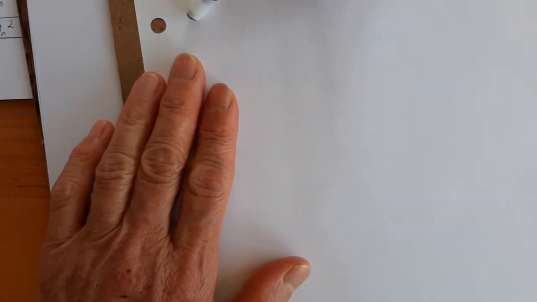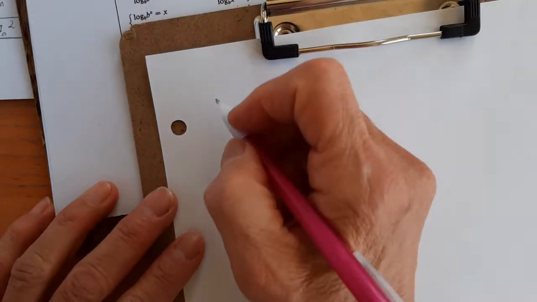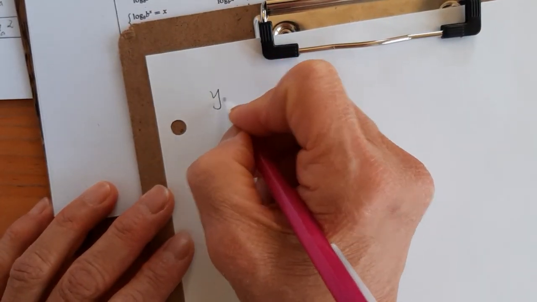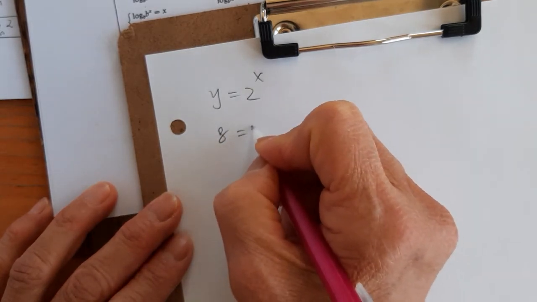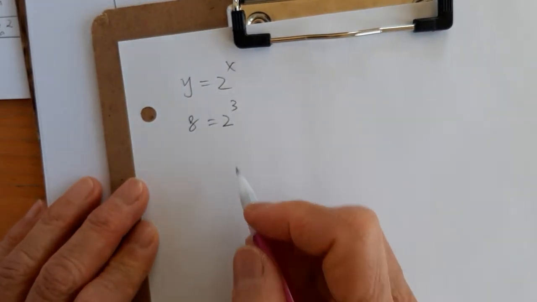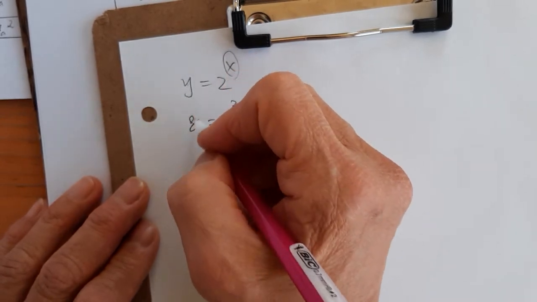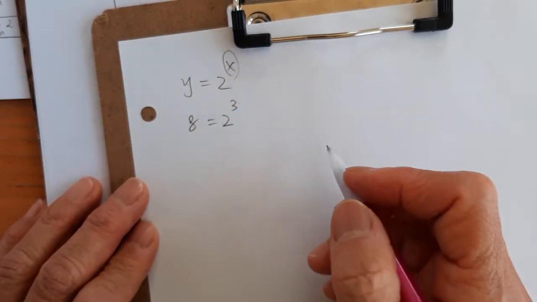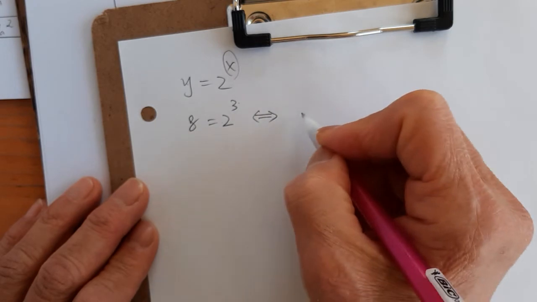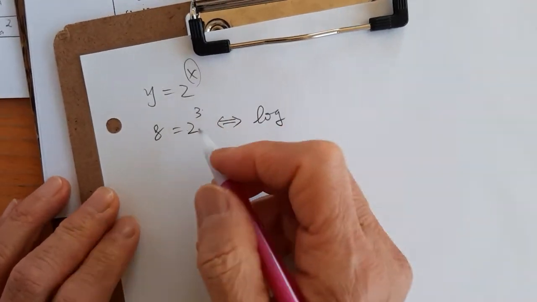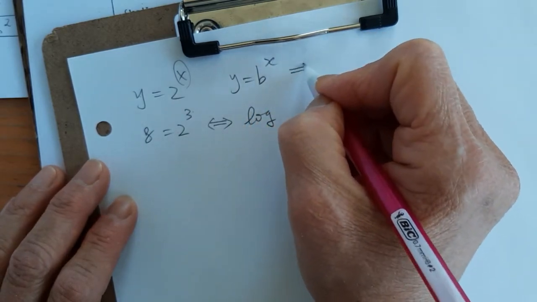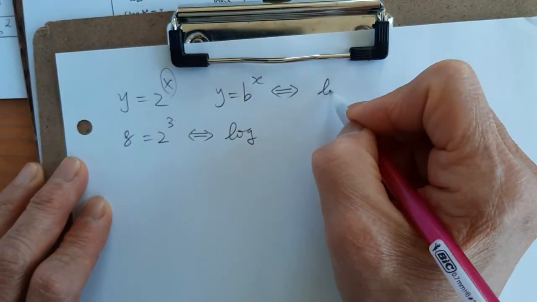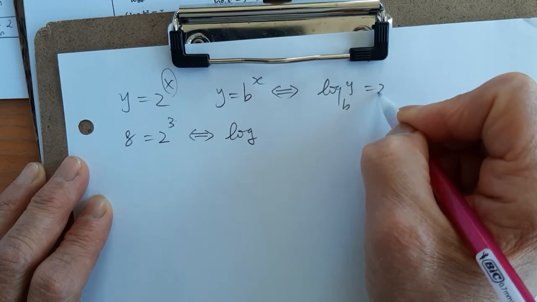Let me give you one example: y equals 2 to the power x, like 8 equals 2 to the power 3. If x is 3, the function value 2 to the power 3 is 8. Then you can write down the log formula: y equals b to the power x is equivalent to log b of y equals x.